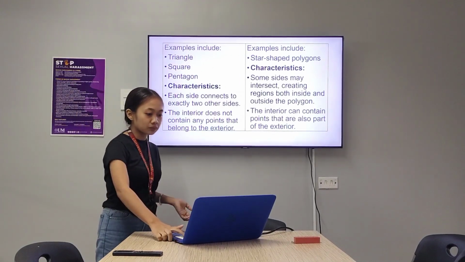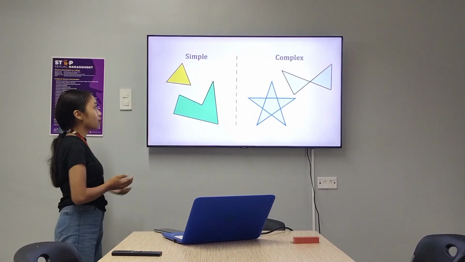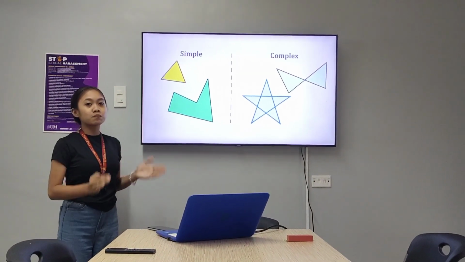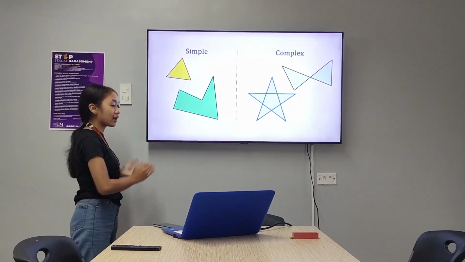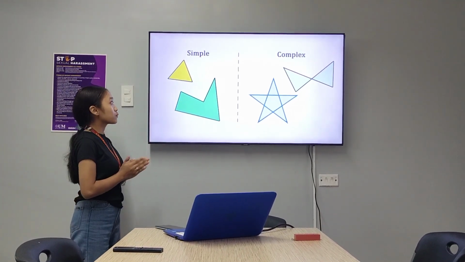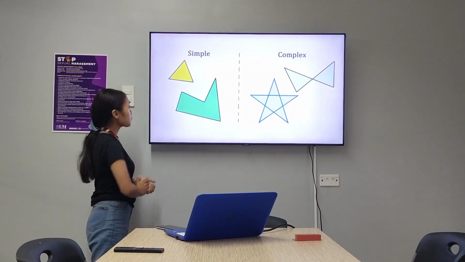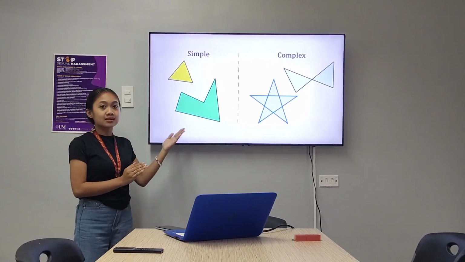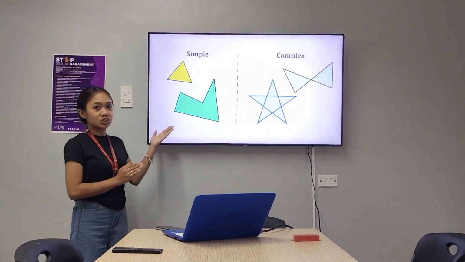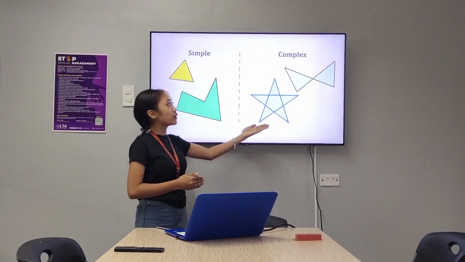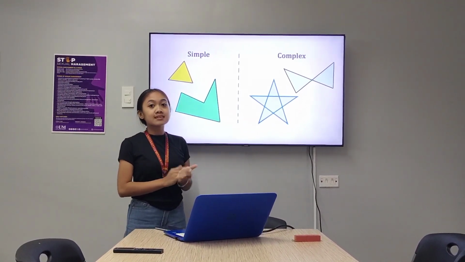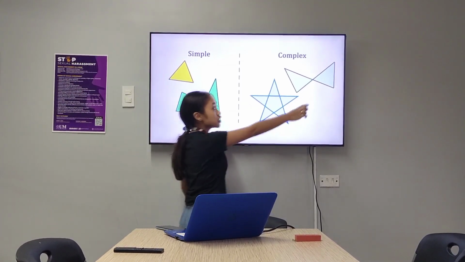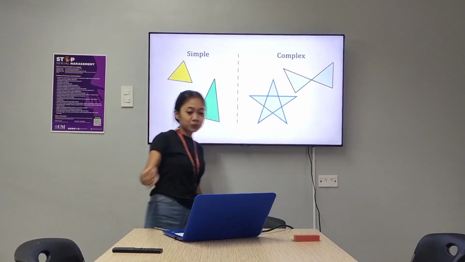I have here an example of simple and complex polygons. Again, in a simple polygon, its sides do not intersect with each other, so we cannot see sides that intersect. And here in the complex polygon, its sides intersect with one another, just like here.